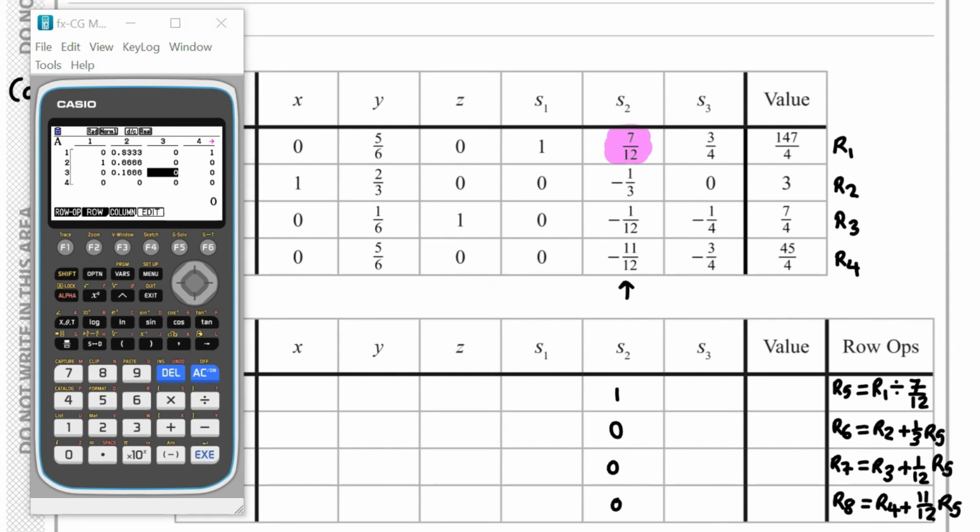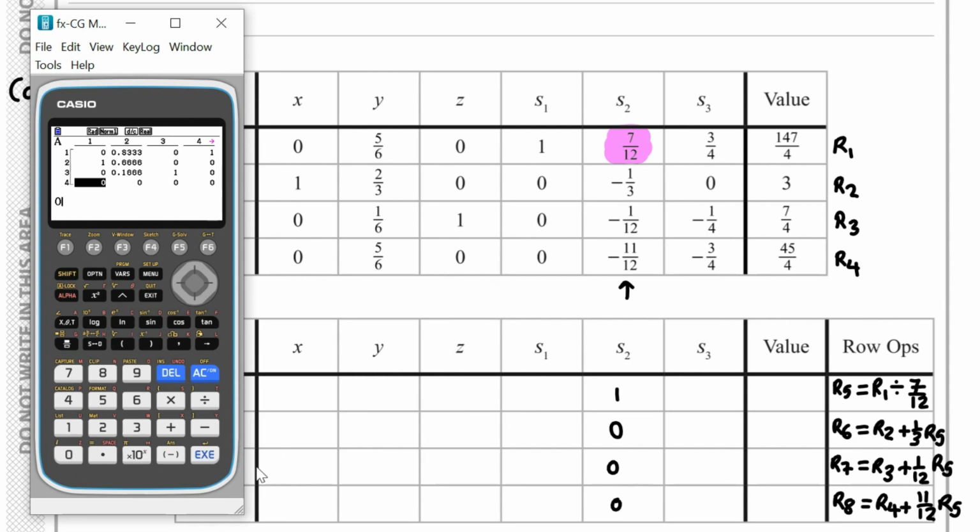Okay. So here we're going to have 1, 0, minus 1 over 12, minus 1 over 4, and 7 over 4.